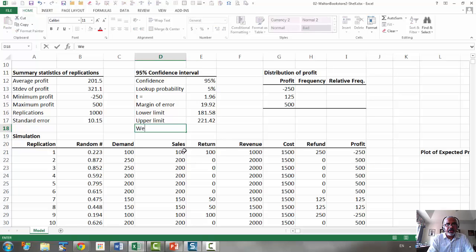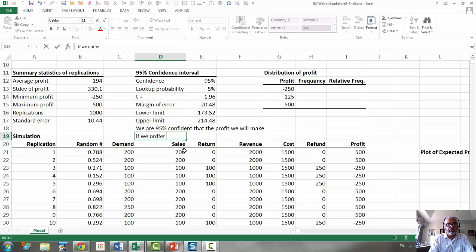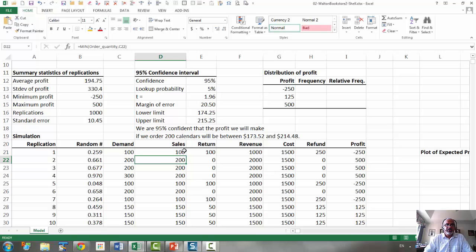What this means is that we are 95% confident that the profit we will make if we order 200 calendars will be between 173.52 and 214.48 dollars. So that's what this tells us.